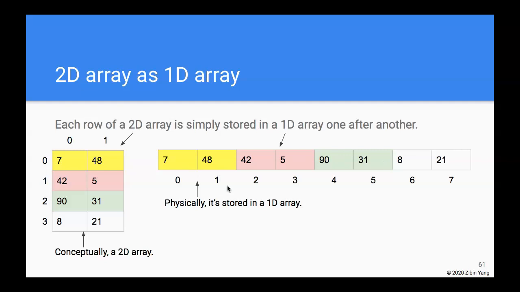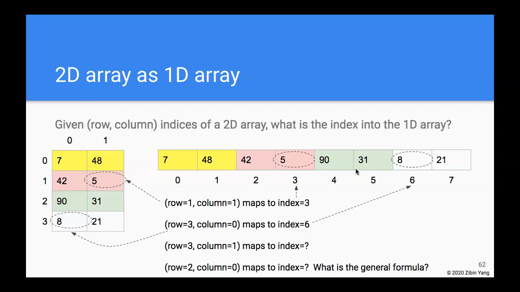Now, the next question is, when we try to find an element in a 2D array, we go by the row and a column, right? Now, given a row and a column, how do we find where it is in the actual 1D physical storage? Well, let's look at some examples.